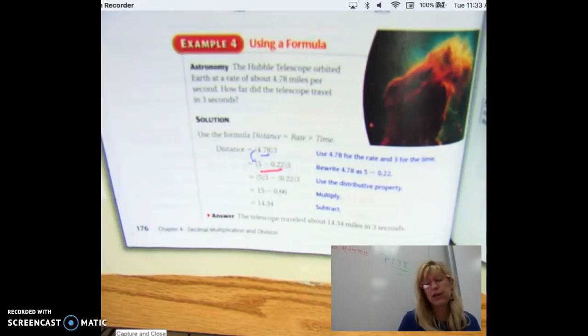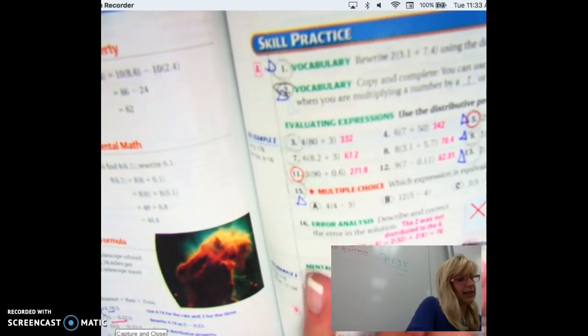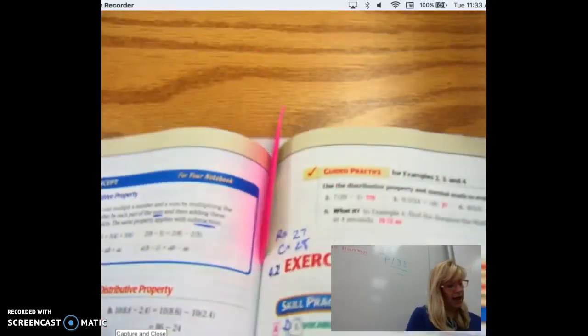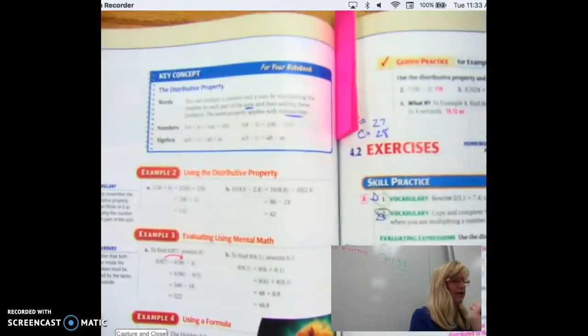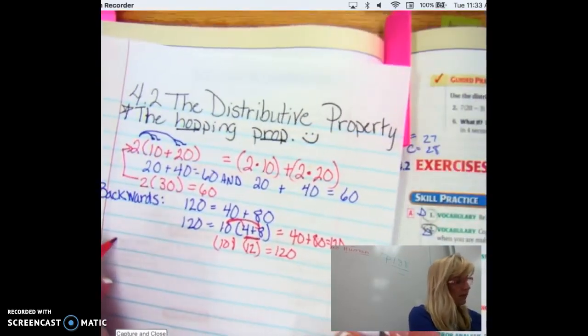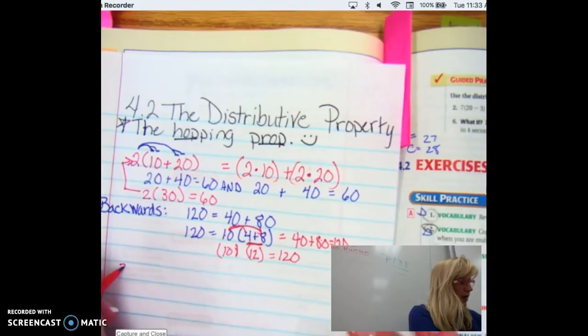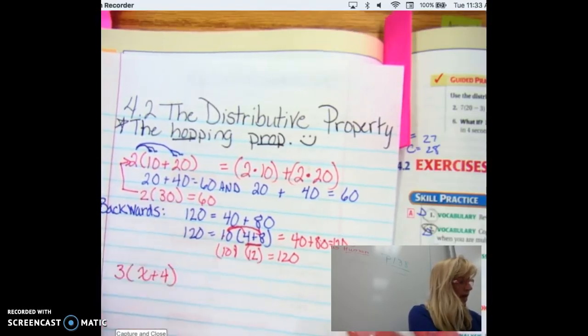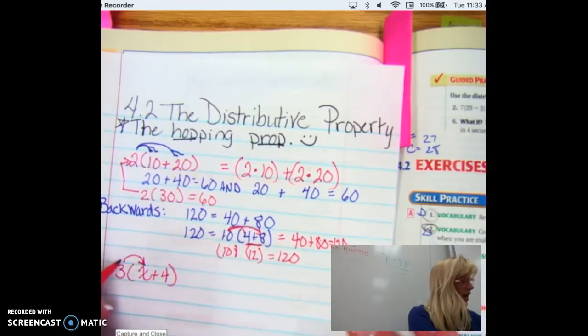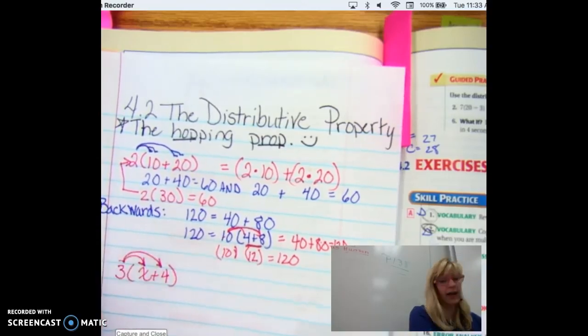So if you have 3 times (x plus 4), you need to be able to do, let me write that in your notes. This is a little bit more of an extension for you guys. 3 times (x plus 4), and I'll put the other notes up in just a moment. So if I do 3x plus, and if I use the hopping prop, you can't add an x plus 4 because we don't know what x is.